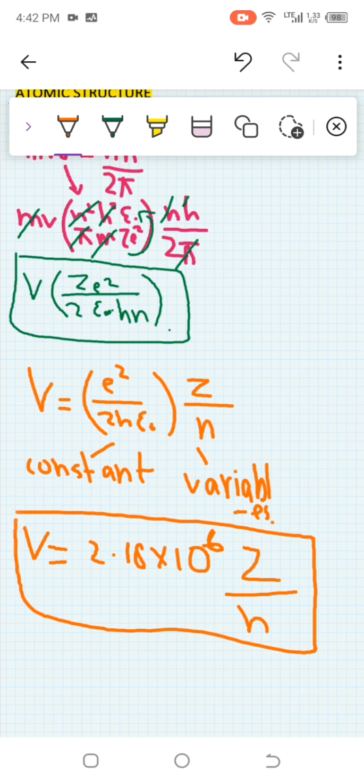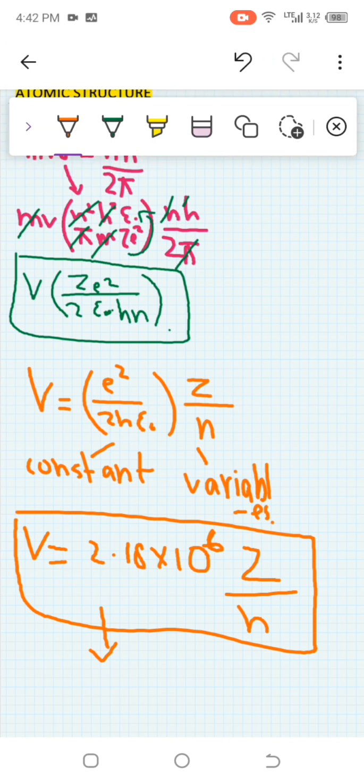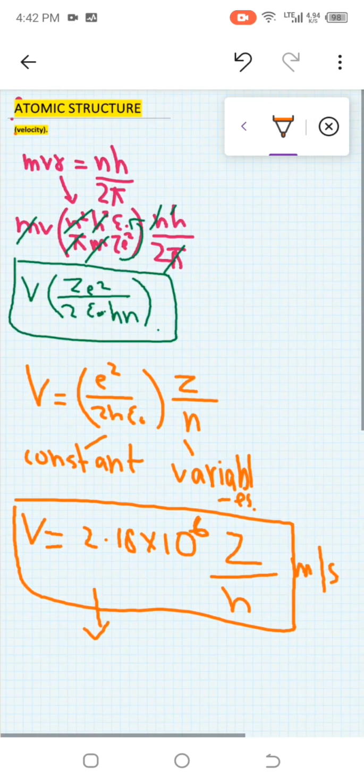You just have to remember this formula: when you know the constant, that is 2.18 × 10^6, then Z/n meter per second. This is for finding the velocity in the atomic structure of the shell.